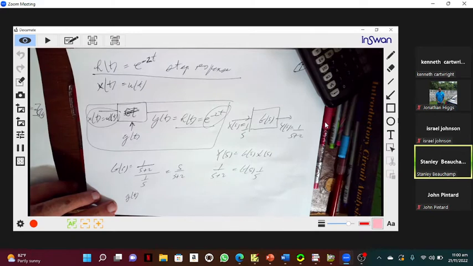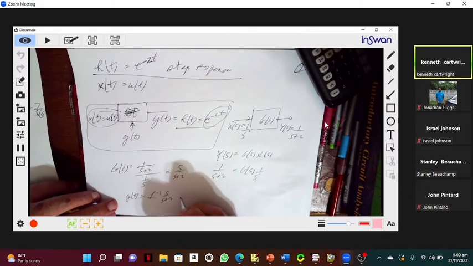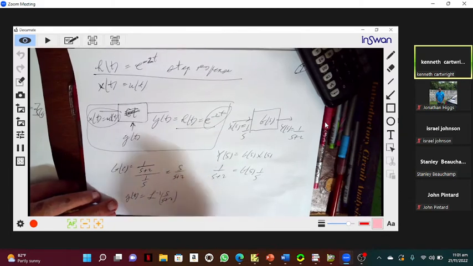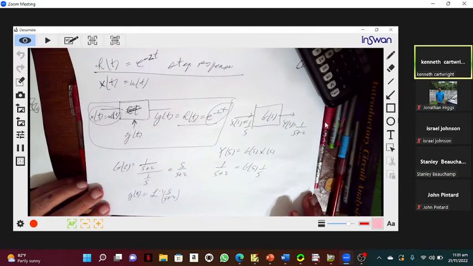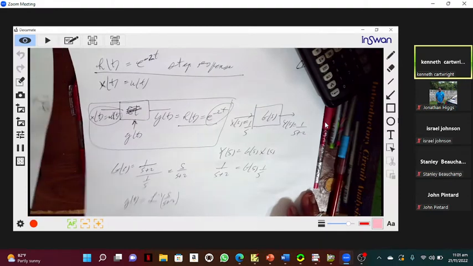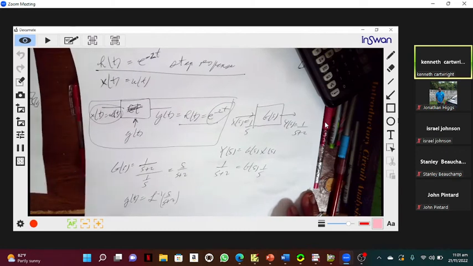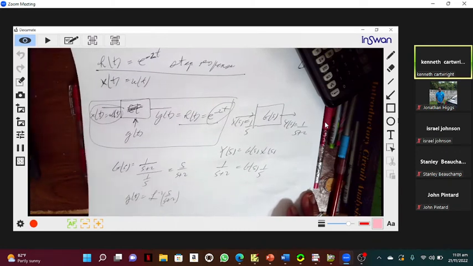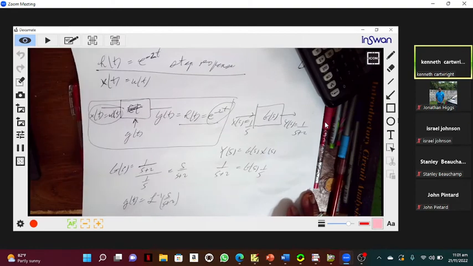G of T is the inverse Laplace of G of S. Which is what? I find the inverse Laplace of that.